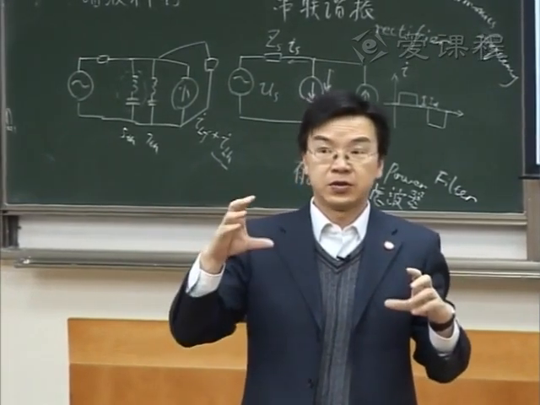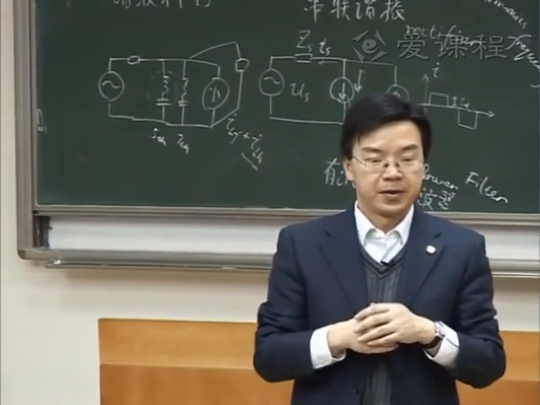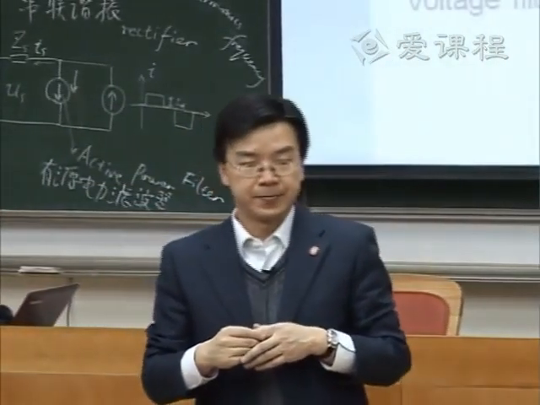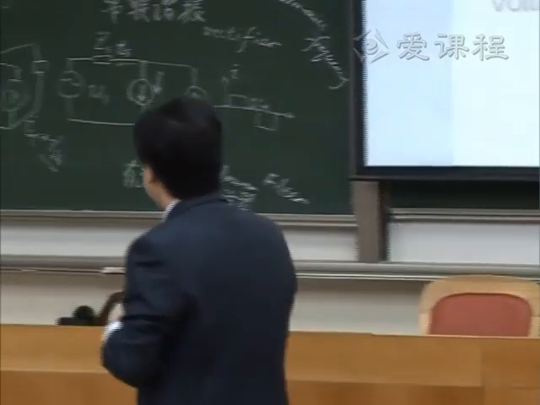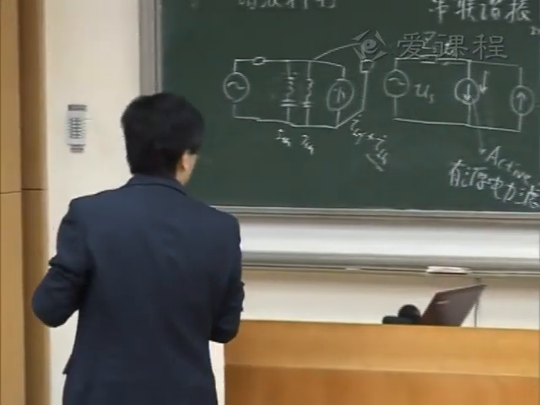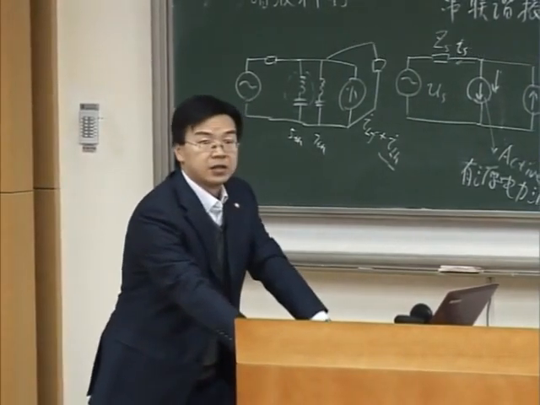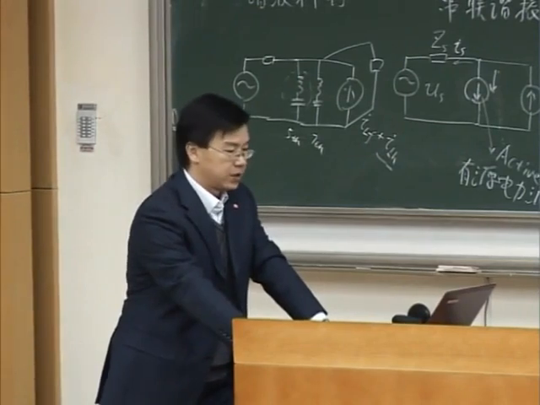The voltage magnitude might exceed the normal operating range, or it might be lower than that normal operating range. So reactive power is another issue we have to look at when dealing with power quality.